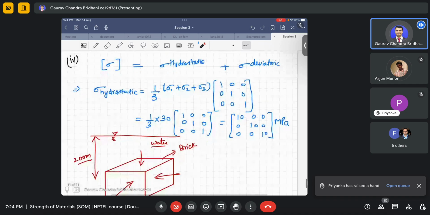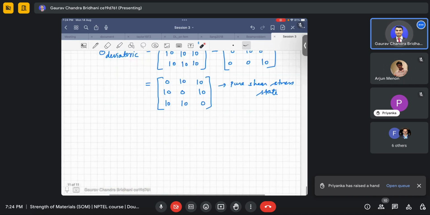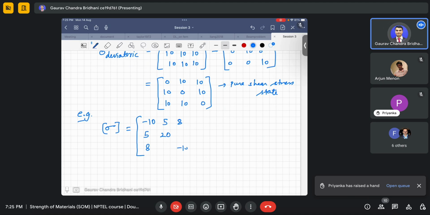But suppose you find a stress, so let me give an example. Sigma is given as minus 10, 5, 8, then 5, 20, minus 10, then 8, minus 10, 7. Now if I find I1, what is that?